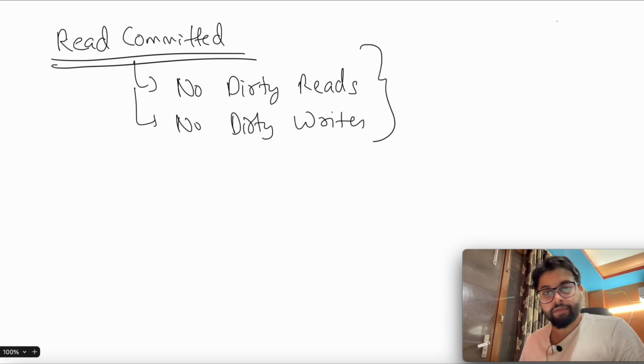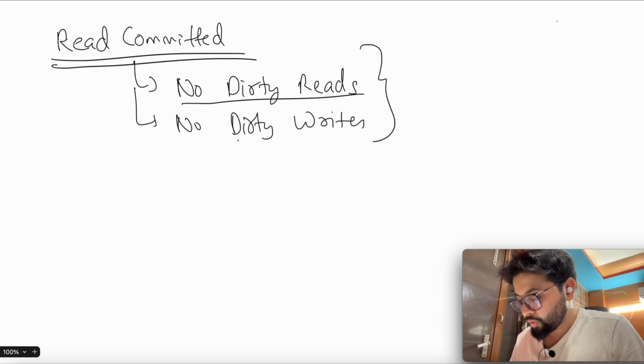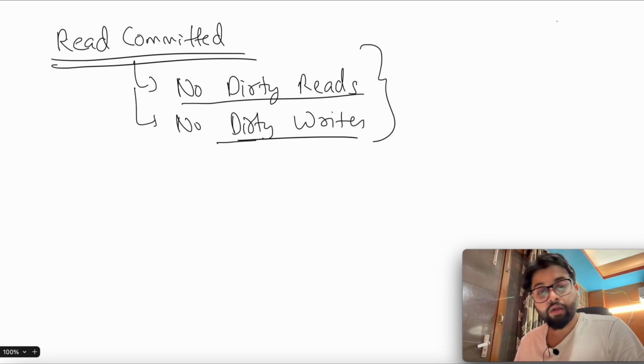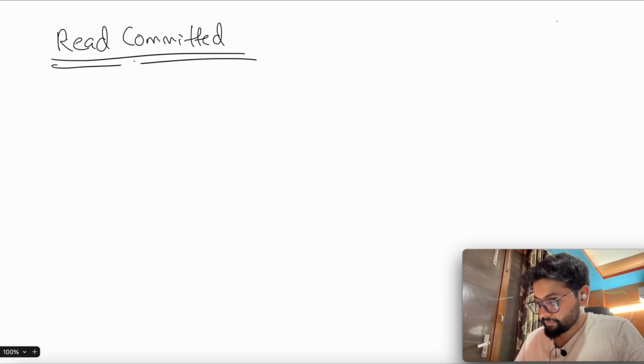Now what does that mean if I say no dirty reads and no dirty writes? To understand this, we need to first understand what dirty reads and dirty writes are, and then we'll see that the read committed scheme will not allow these in transactions. So let's first understand what dirty reads are.